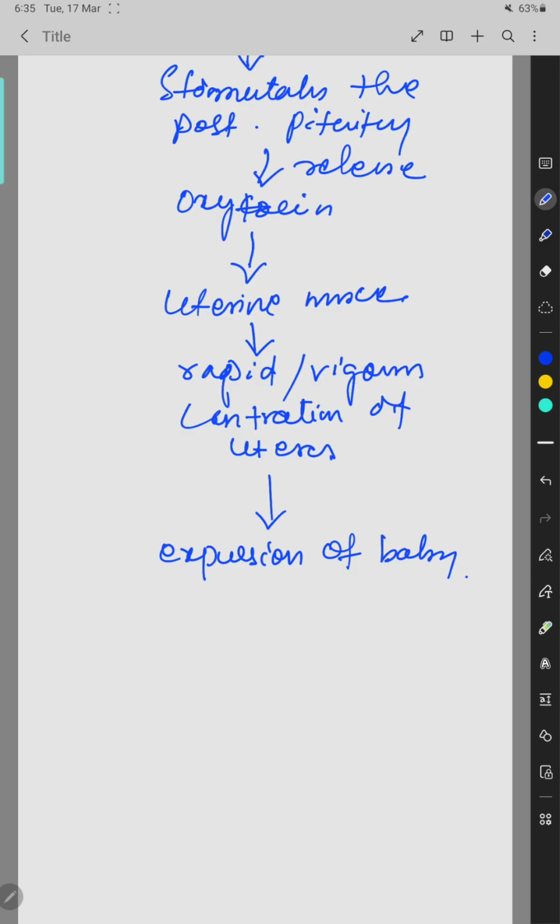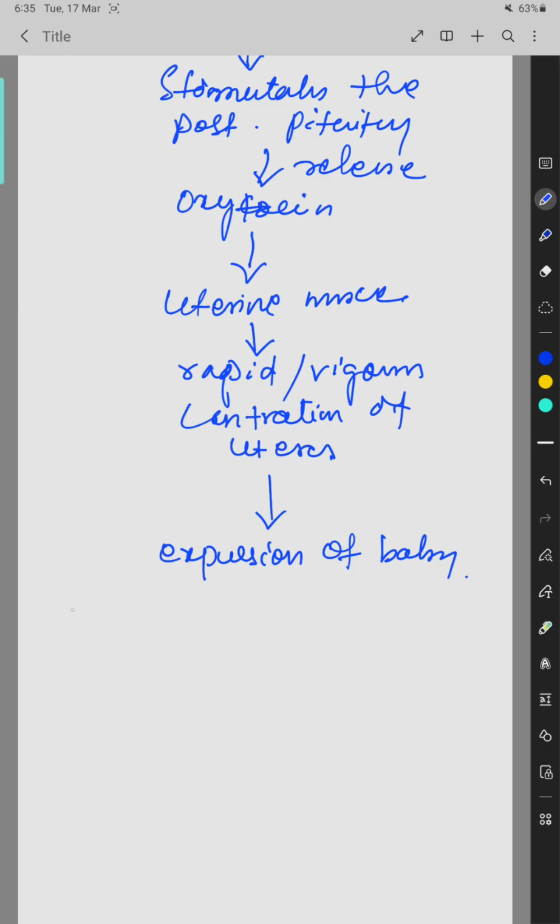Okay, now after the child is born, immediately for several days the mother's milk is fed to the infant.